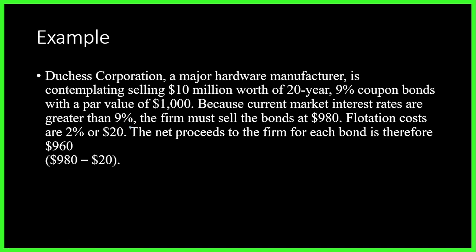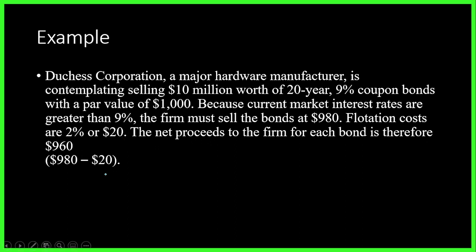Okay, so here's an example. Dutchess Corporation, a major hardware manufacturer, is contemplating selling 10 million worth of 10-year 9% coupon bonds with a par value of 1,000. Now, because current market interest rates are greater than 9%, the firm must sell the bonds at 980.